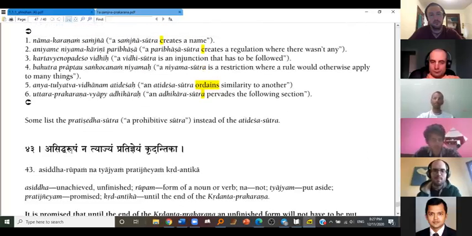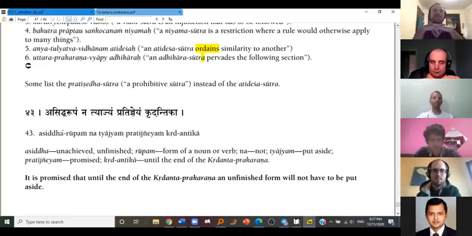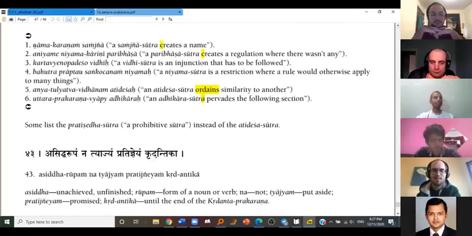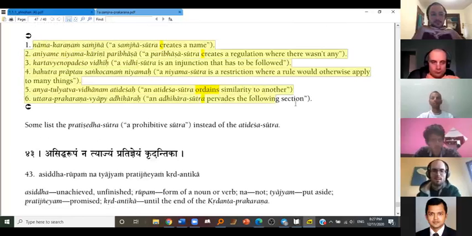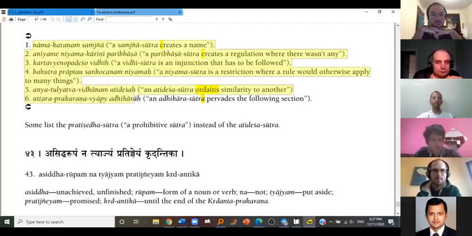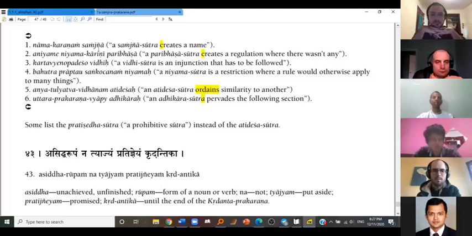One more sutra. In the Madhyama version, we don't have 43 sutras, so I thought we were finished. This is important. You can go through this, or we can go through this even now. It describes the 6 types of sutras, which we just read. Namakaranam Saṁjñā. A Saṁjñā sutra creates a name.